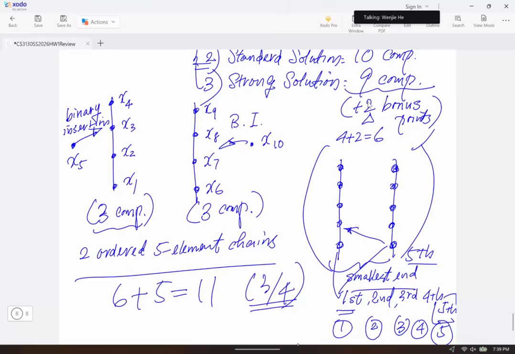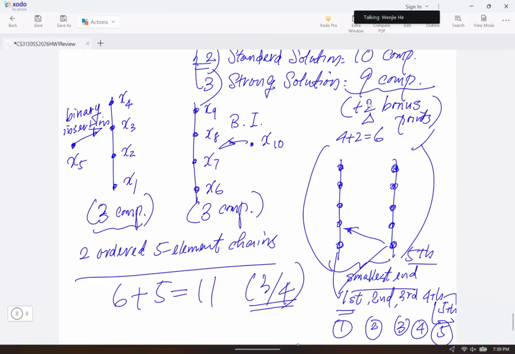But if you are interested, you can try to improve by one comparison. It is still an open question, all right? So the standard solution. Then, the strong solution, that's really hard. Sometimes it may not exist, because we don't know if the strong solution exists or not, right?